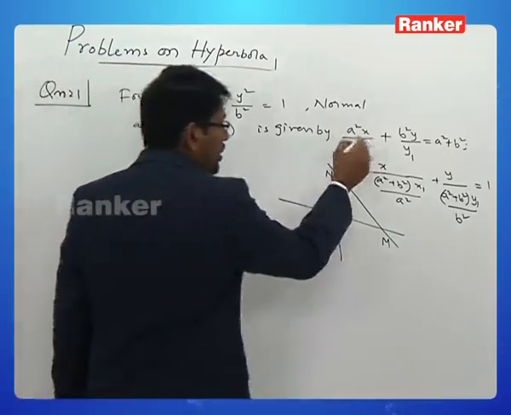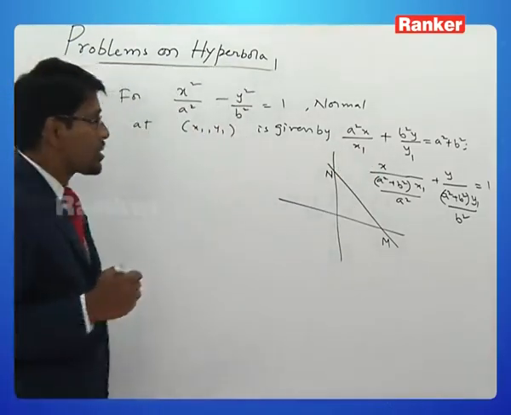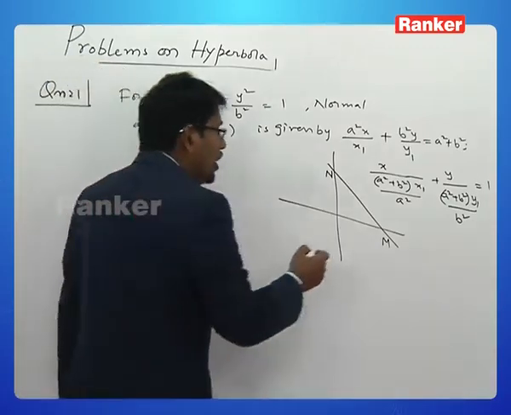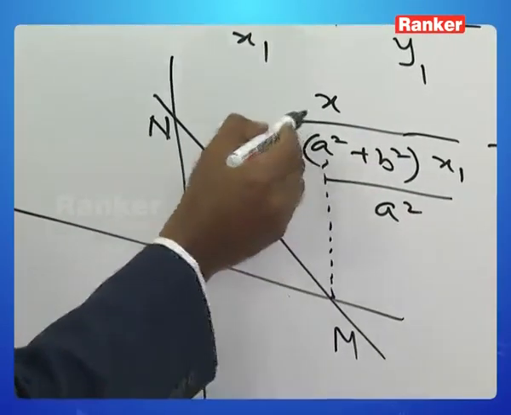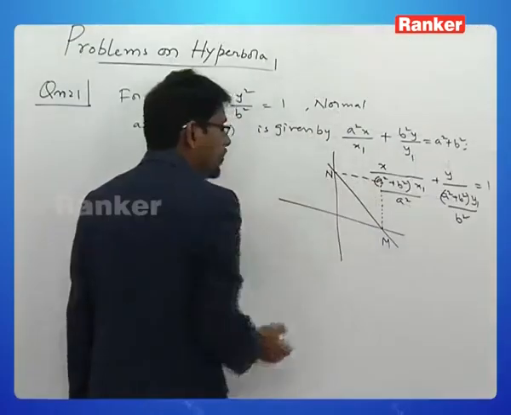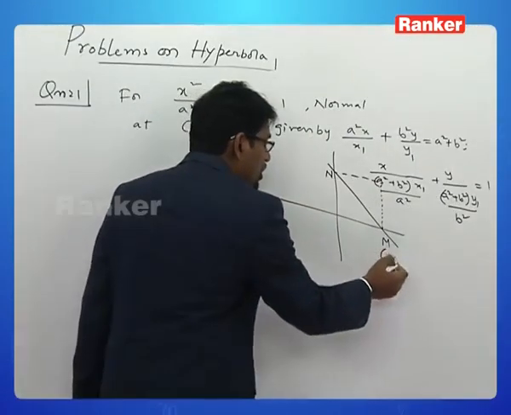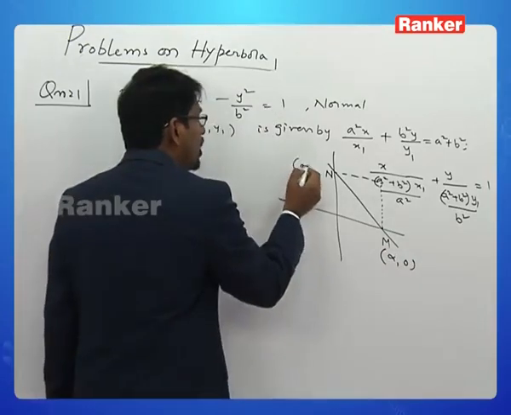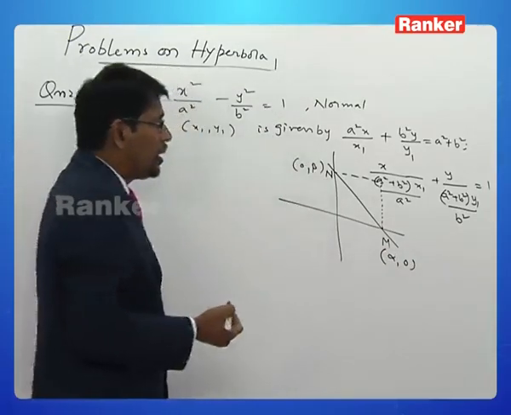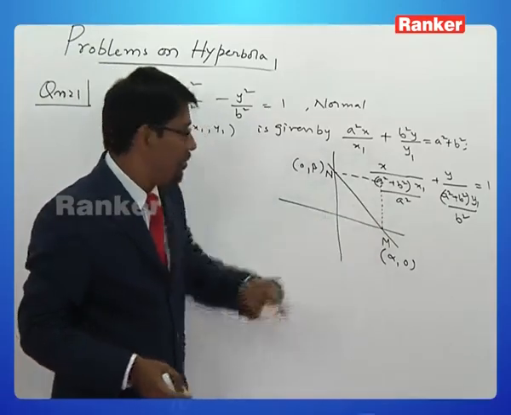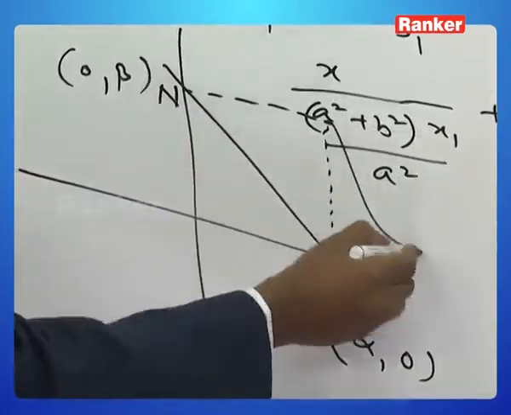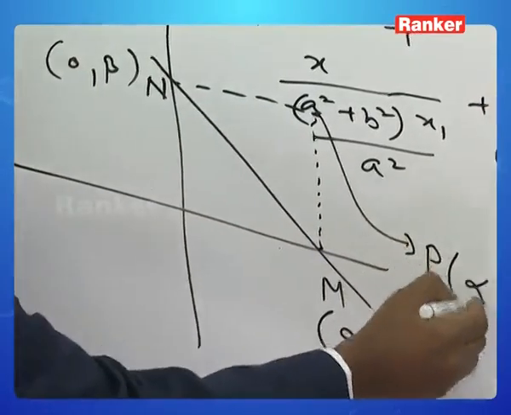I am just regrouping the terms here. Now he says from M and N perpendiculars are drawn. Let us say M is some alpha comma 0, N is 0 comma beta. The perpendiculars are drawn to the axis at M and N. Where do they meet? This point P is the point alpha comma beta.